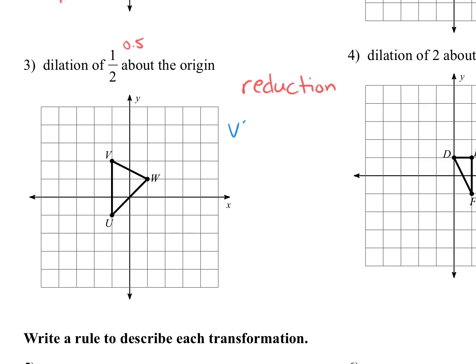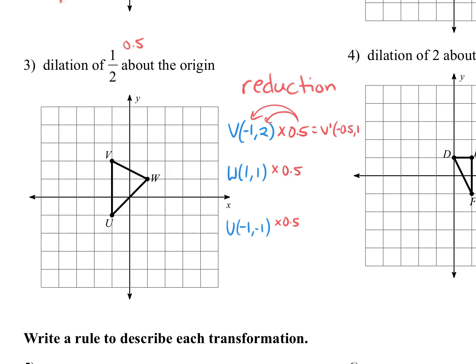So V is what? Negative 1, 2, W, 1, 1, and U, negative 1, negative 1. So what do I do to each of those coordinates there? Multiply by 0.5. Okay, V prime, what are its new coordinates if I distribute this? Negative 0.5 and 1, yep.